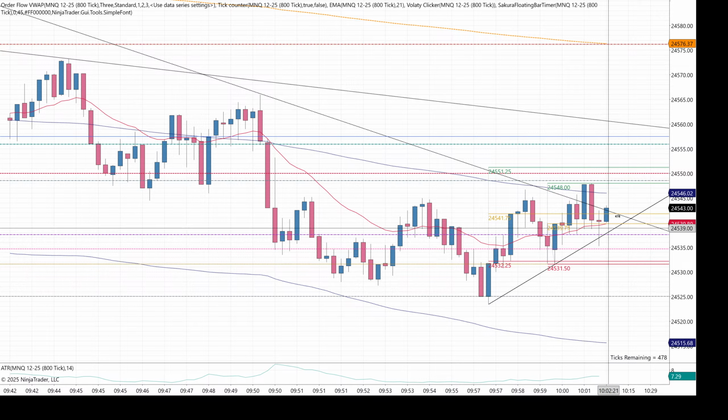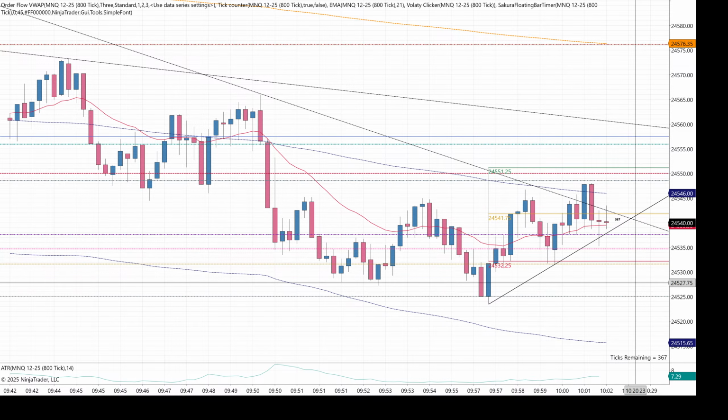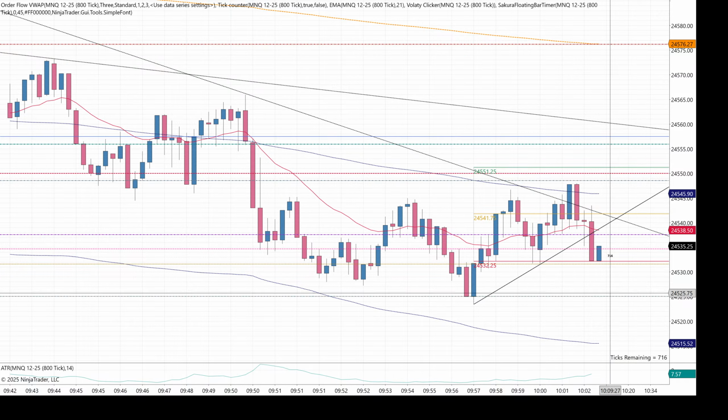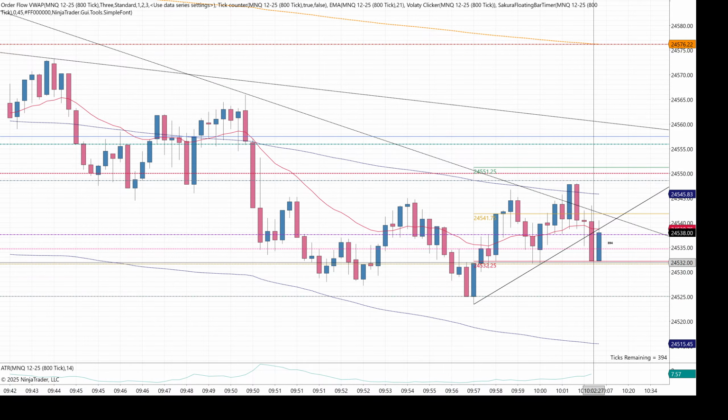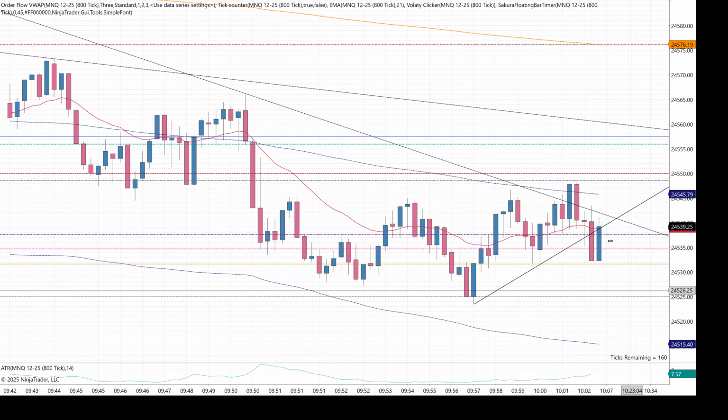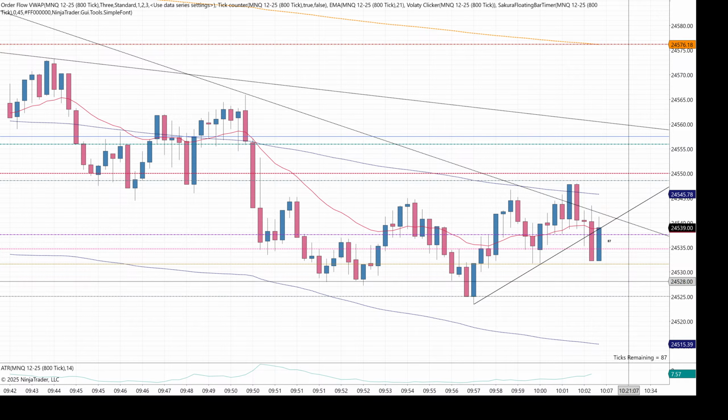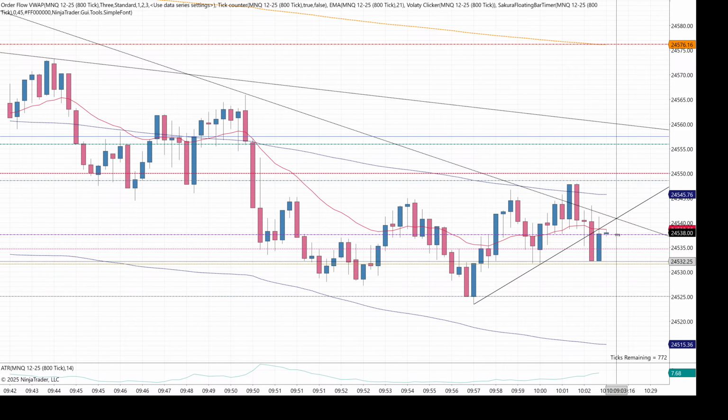Runner's taken out, so we are looking for potentially a new. This would be a trigger lower, but the golden ruler is right here. We didn't trigger though, so. Interesting. All right.